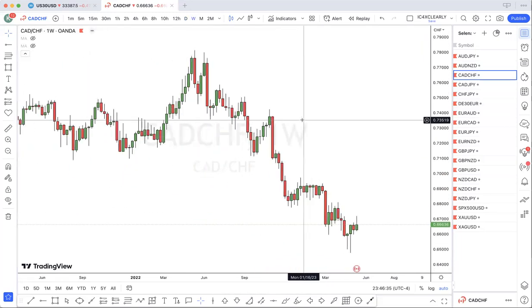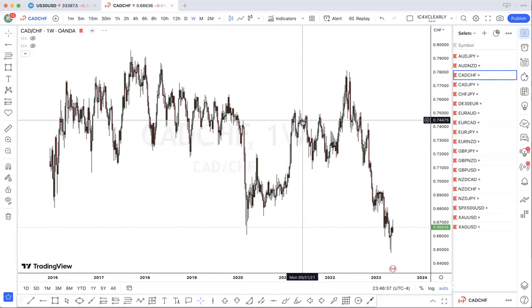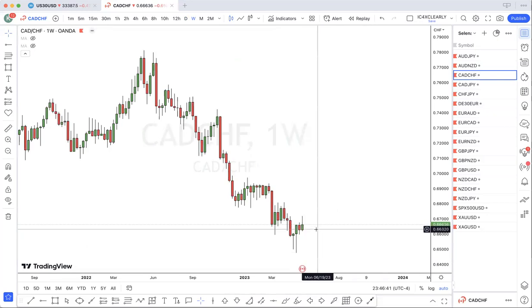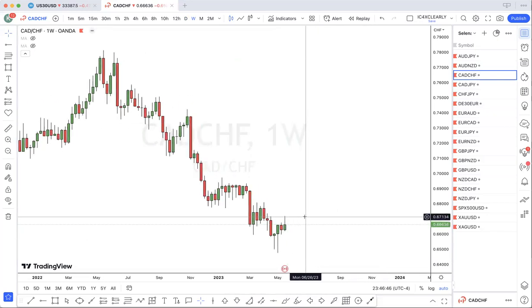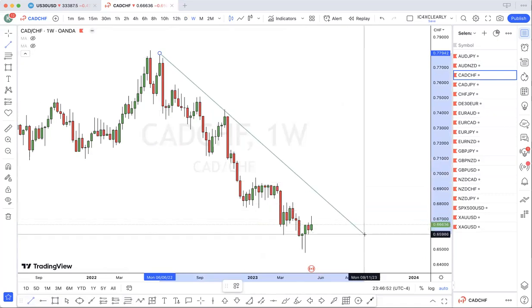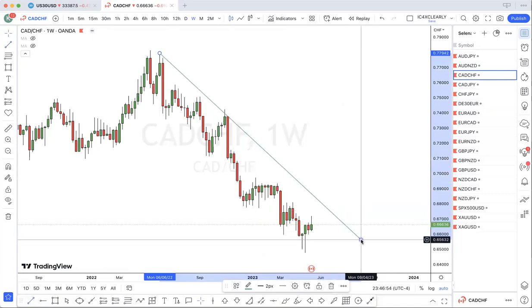Cash Chef has a weekly bullish order block. And if we look to the left, this is the lowest it's been. Price has already come and filled this imbalance. And now it looks like it is moving, buying up possibly. Let's see.